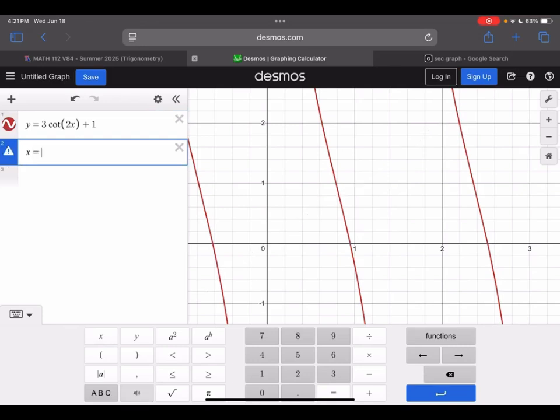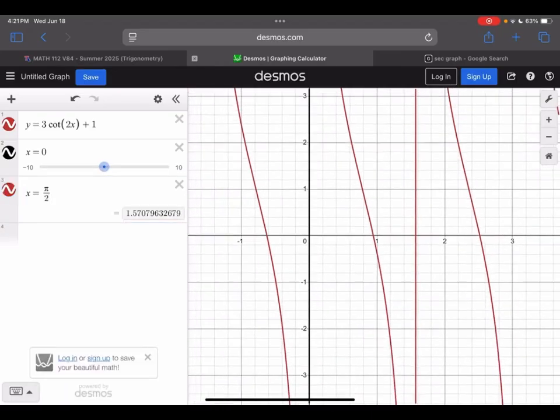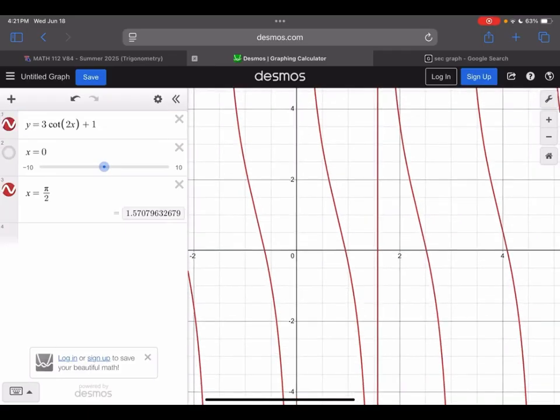Our first one was at x equals 0, and then our next one was at x equals pi over 2. They're doing it in black, which is kind of terrible for the x equals 0, but they're putting it right here. And then our other asymptote is here. They're just not color coding this one very well. And we can see our graph has got that shape that we wanted.